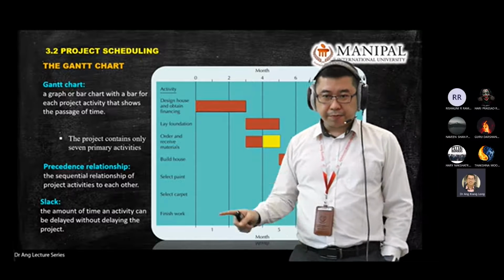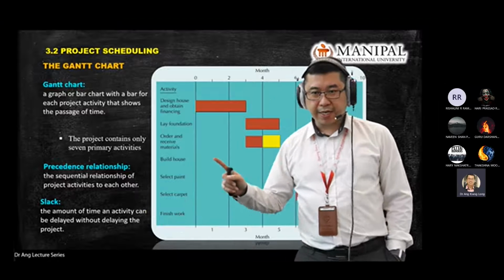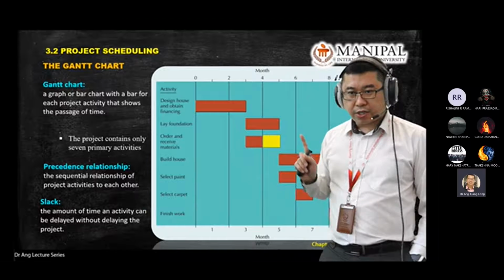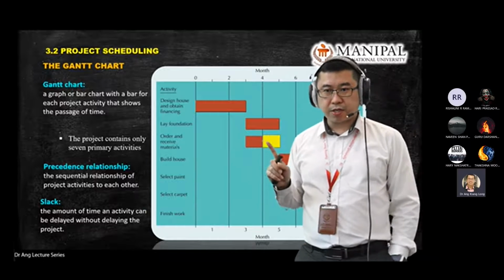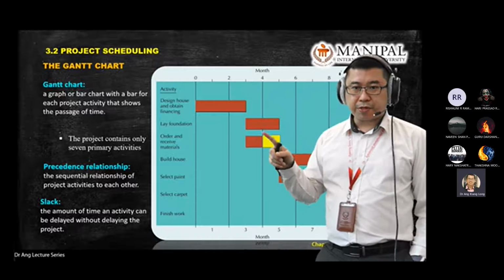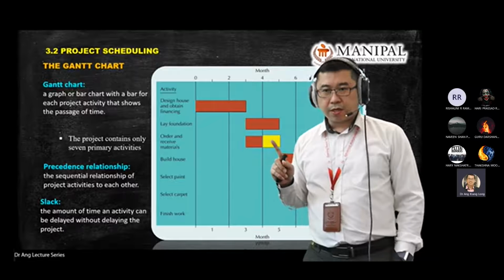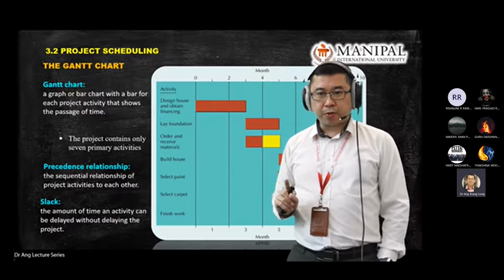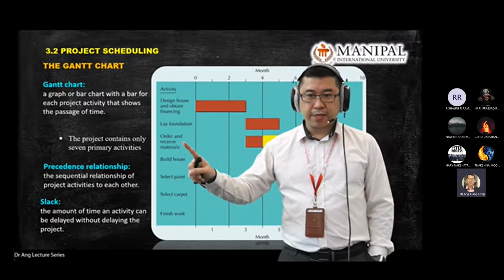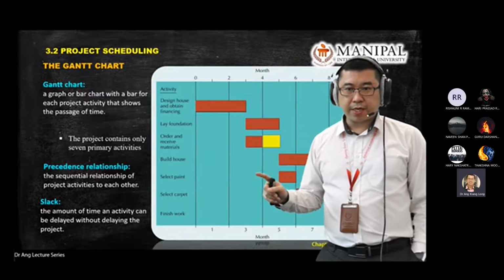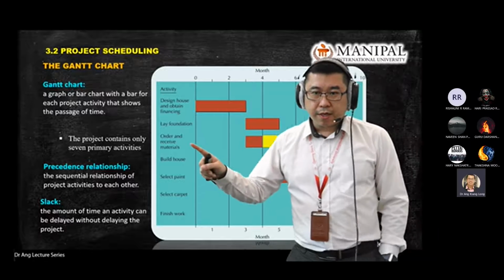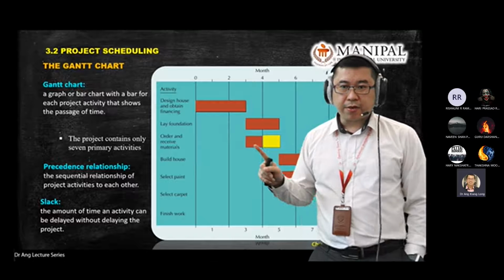I repeat, what do I mean by slack? You look at the Gantt chart, you try to find the slot and the preceding activities that allow you to buy time for the project. So for example, this item number 3 here, order and receive material.